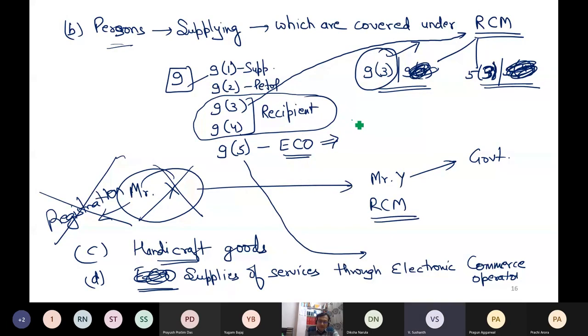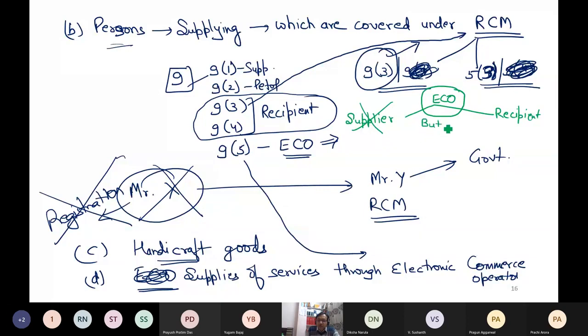So the commerce operator will pay the GST instead of the supplier. Very good. In 9.5, if the supplier is supplying services to the recipient through an electronic commerce operator, then the ECO is liable to deposit the tax to the government and not the supplier.